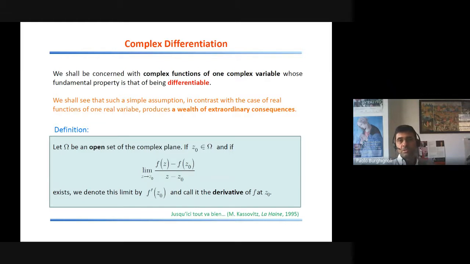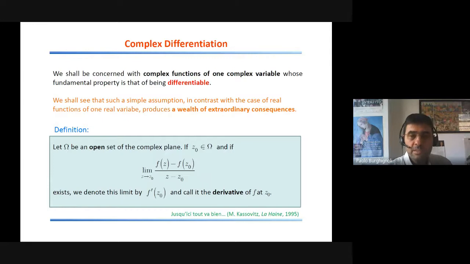So, as you see in the box, if you have an open set of the complex plane, omega, and you pick a point z0 in this set, you form the incremental ratio: you divide f of z minus f of z0 by z minus z0, and you consider the limit of this ratio as the variable z tends to your point z0.